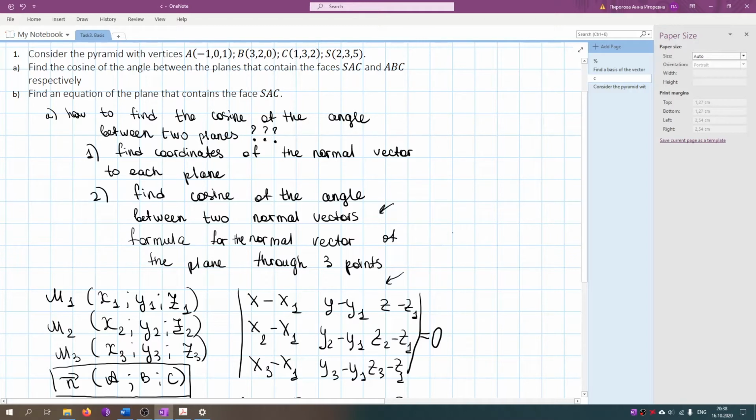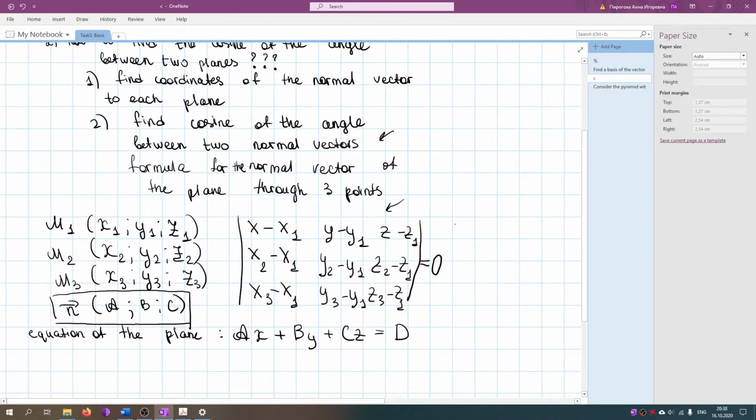So let's see how this formula looks like. So we have 3 points of the plane with coordinates. We just put these coordinates into this matrix. So just x1 is equal to something, x2 is equal to something, and so on.